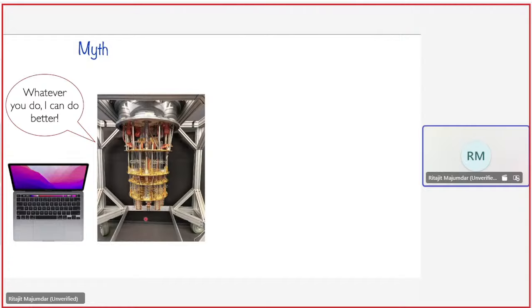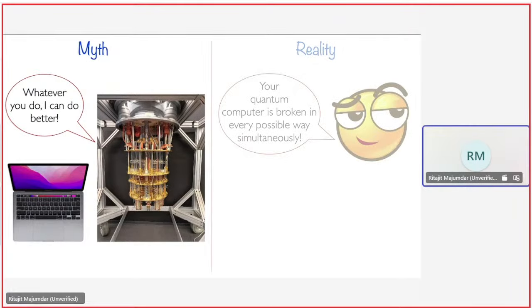These are the kinds of myths that you keep hearing around quantum computing: that if quantum computing is here, this will happen, that will happen. The myth is that whenever you have a quantum computer, it can tell the classical computer that whatever you do, I can do better than you. But the reality is very different.